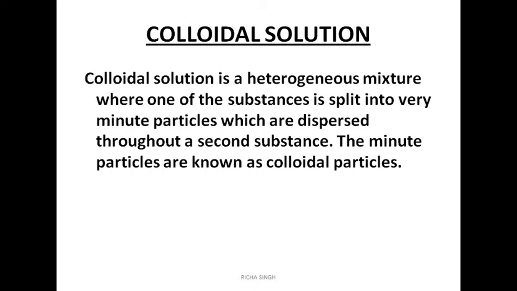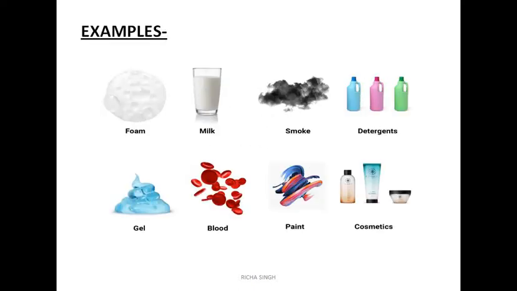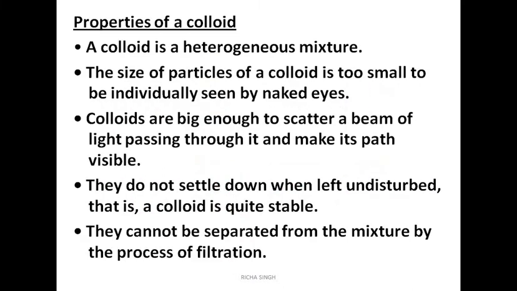A colloidal solution consists of two things, that we will be talking about after this slide. Some examples you can see like foam, milk, smoke, detergents, gel, blood, paints and cosmetics. These are the different types of colloidal solutions. So let's study them in detail.